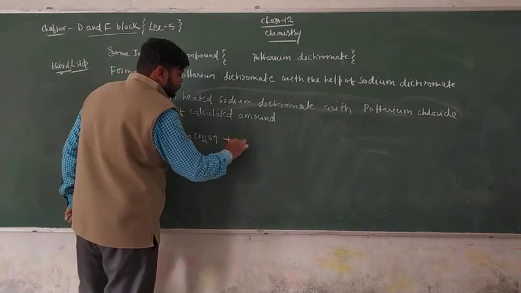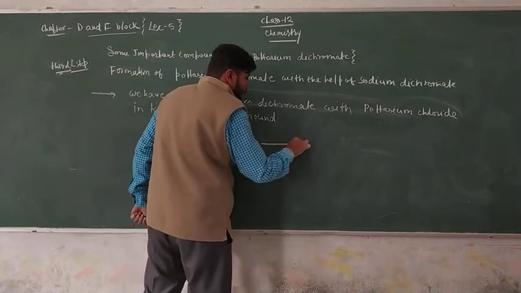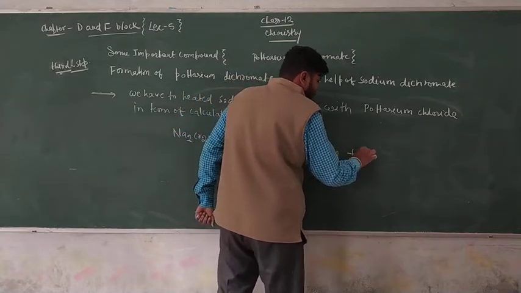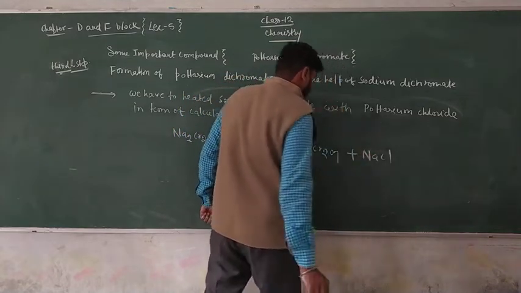Our reaction is represented as Na2Cr2O7 plus KCl giving K2Cr2O7 plus NaCl.